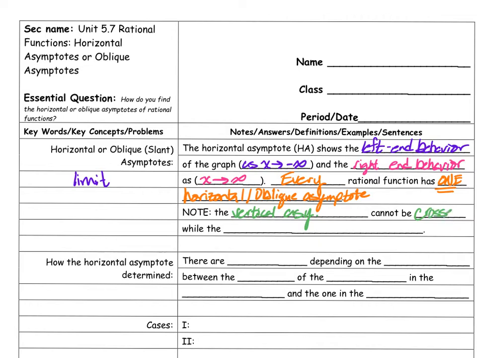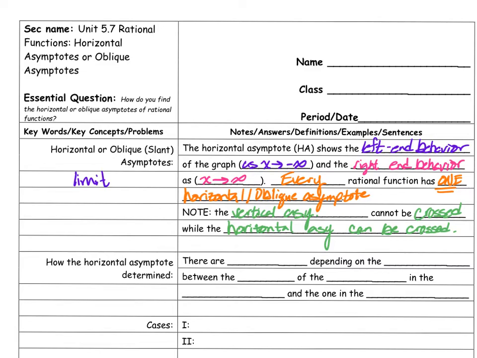Remember I said the definition of an asymptote is a line that the graph approaches but doesn't cross. That's true for the vertical asymptote, while the horizontal asymptote can be crossed. So it can go below or above the horizontal asymptote and approach from either the top or the bottom. So cannot be crossed is true for vertical but not for horizontal, just to let you know that.